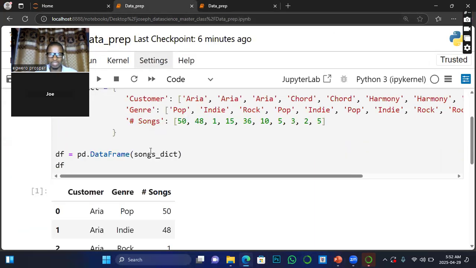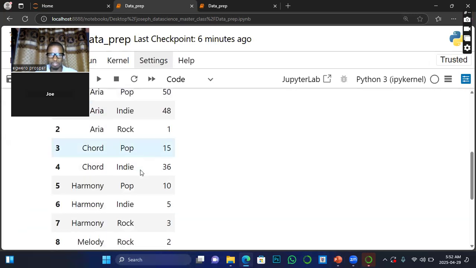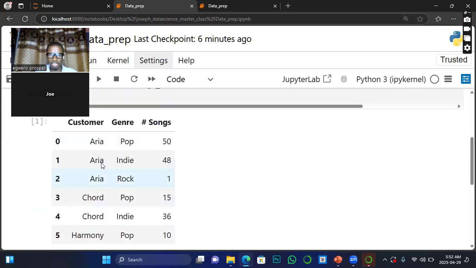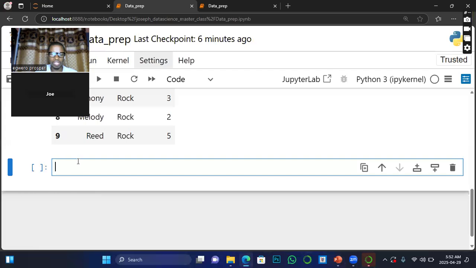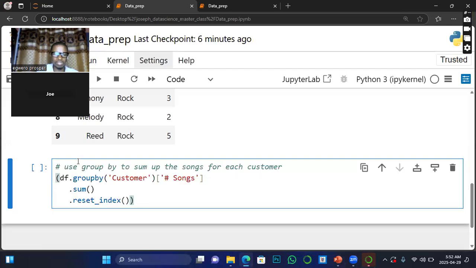So it's expected that you must have completed that data entry, and then you must have gotten this result. Now we want to reshape it in a way that each row will be represented by each customer. That is when you need this particular code. So use groupby to sum up the songs for each customer.